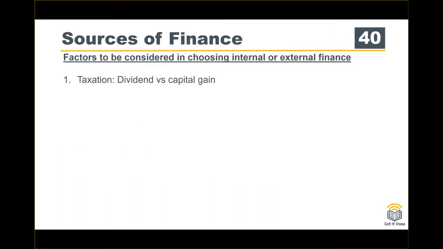The factors considered in choosing internal or external finance are, first of all, tax. For example, if you would like to use internally generated cash flow to finance your projects, it means your dividend will be affected.